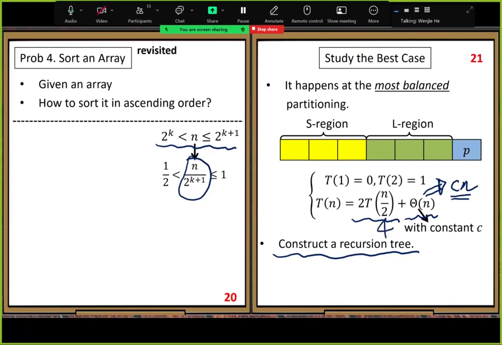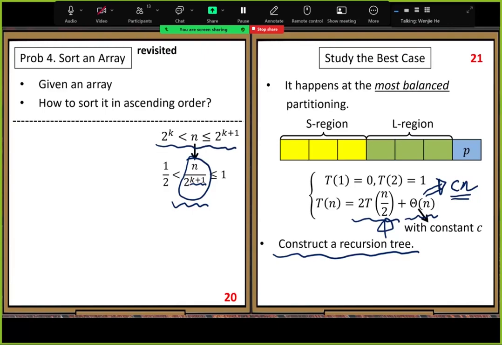Data size is reduced by 1/2 in every partition. So if you keep doing that, each subarray has data size n over a power of 2. After k plus 1 splits, the data size becomes n over 2 to the k plus 1.